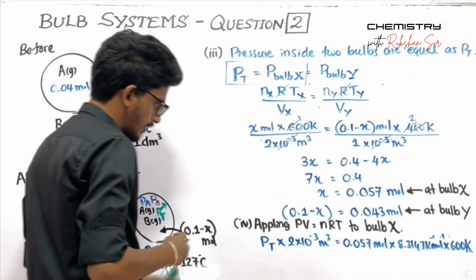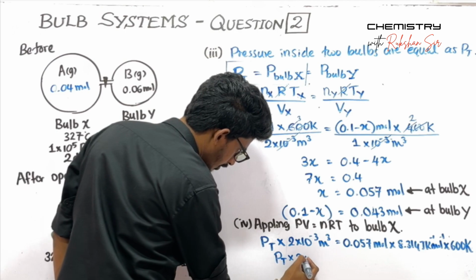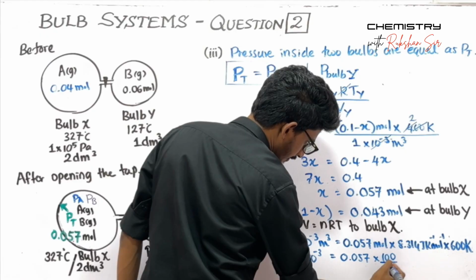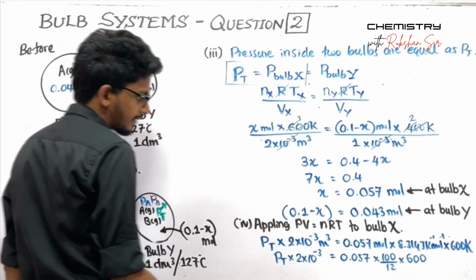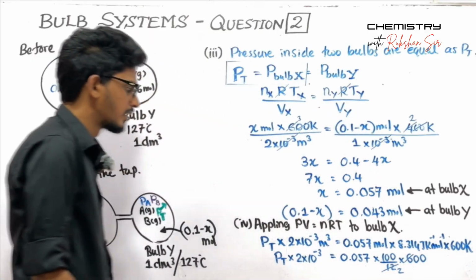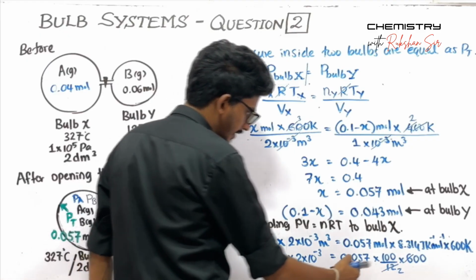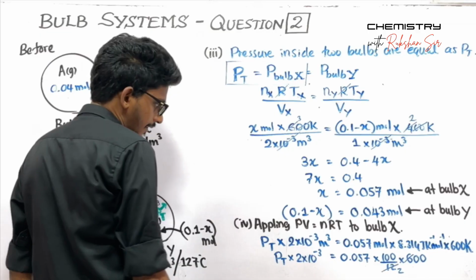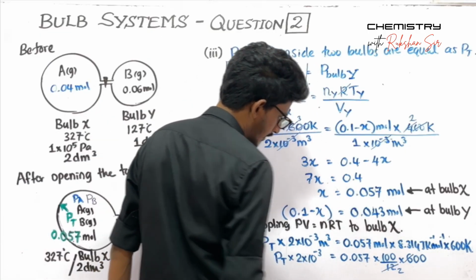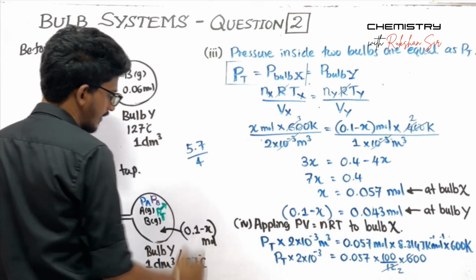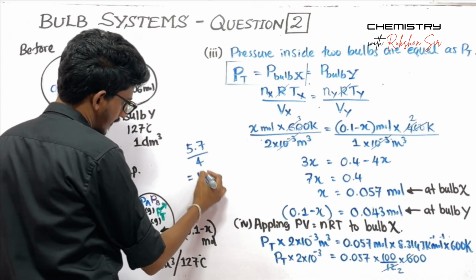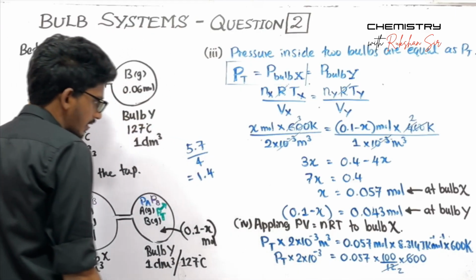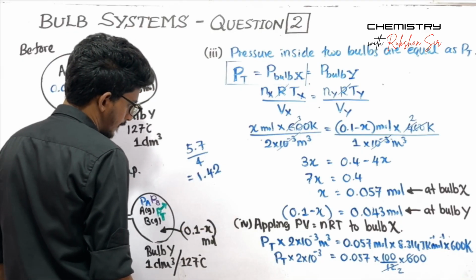You have P total here, 2 into 10 to the power minus 3 is there. 0.057 can be taken as 100 over 12, times 600. The 2 cancels off here, so this is 5.7. 5.7 divided by 4 is going to be 1 point, then 1 is remaining; for the 17, it is 4. 1 is remaining, so for the 10, it's 2. 2 is remaining, 25.